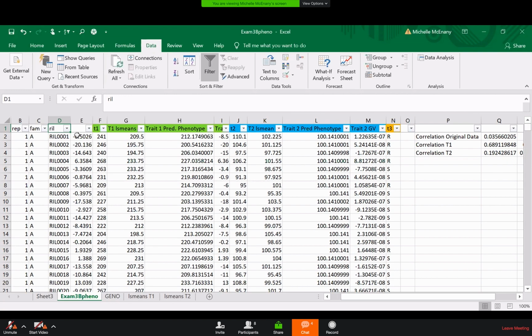Which doesn't make sense to my brain. But I guess if the LS means are, you know, I'm not going to worry about it that much. It's good enough for me. But yeah, I guess I didn't actually average mine the first time.